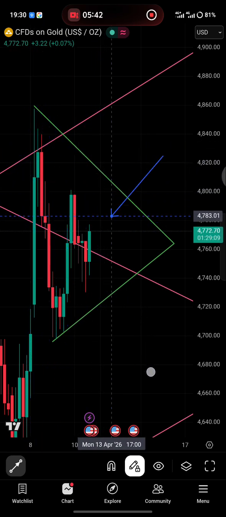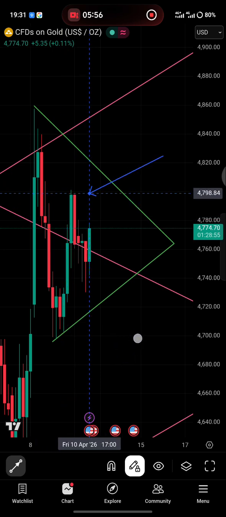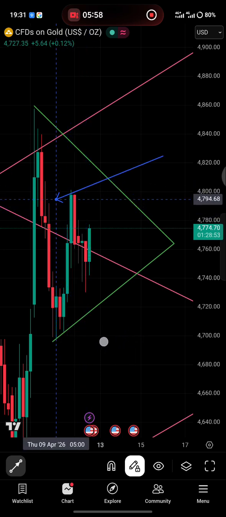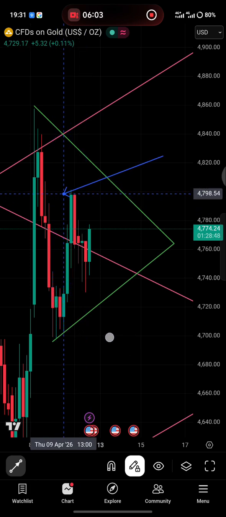So when we look at the chart, we find out where is the most possible spot that people are entering a trade, right? For example, like this resistance over here, will traders be entering a trade over here?